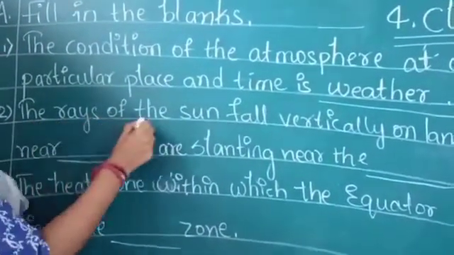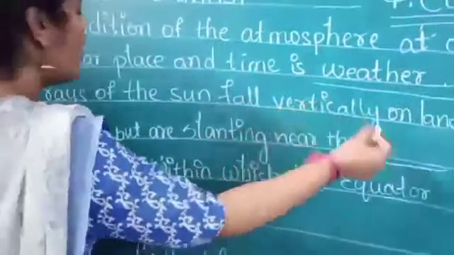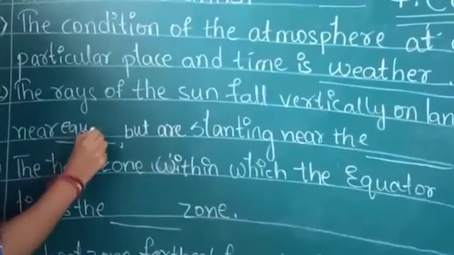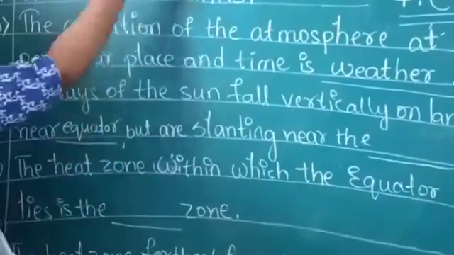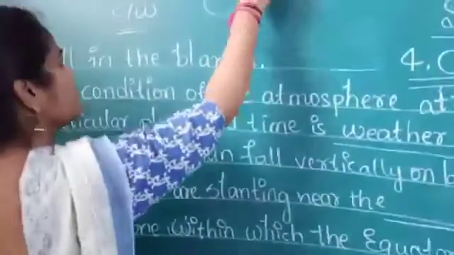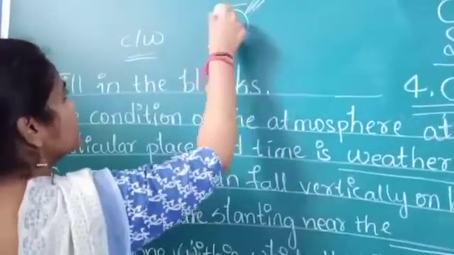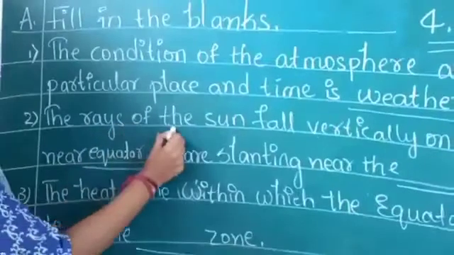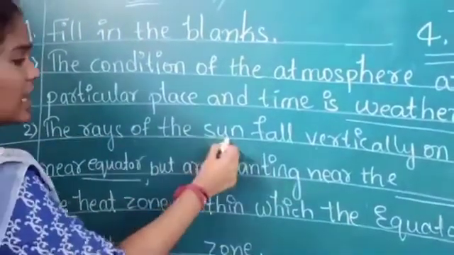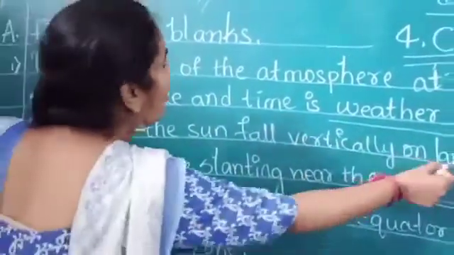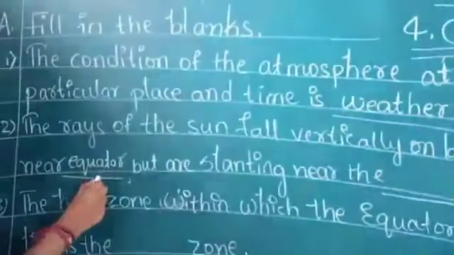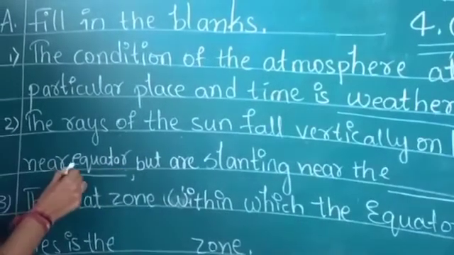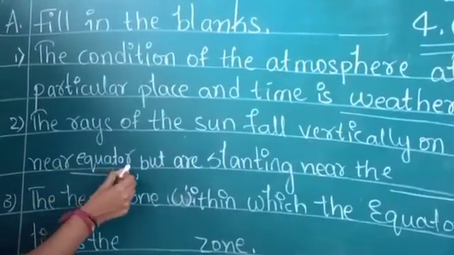The rays of the sun fall vertically on land near the equator, beta. Yes, vertically means straight. Already we discussed that. The rays of the sun will fall vertically here, straight. Here, slanting. E-Q-U-A-T-O-R, equator.